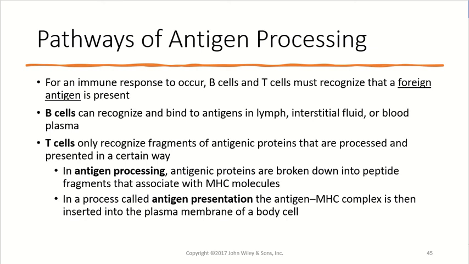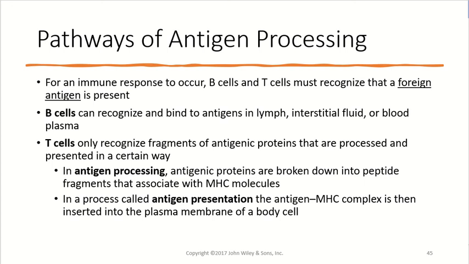So we have several pathways for antigen processing. For an immune response to occur, B cells and T cells must recognize that a foreign antigen is present. B cells can recognize and bind to antigens in lymph, interstitial fluids, or blood plasma.